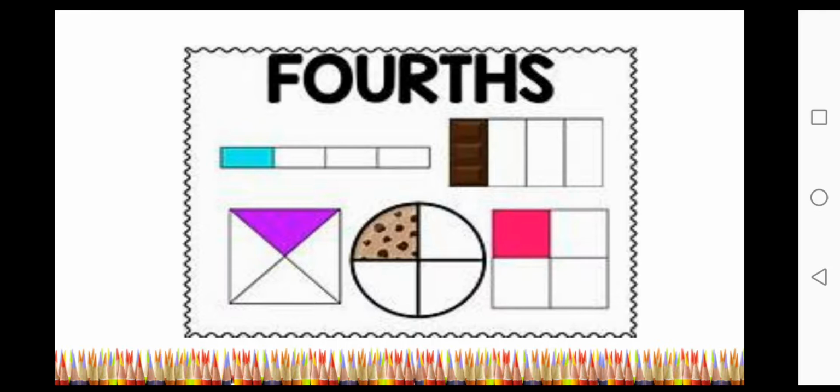Now can you see the colored part or the colored piece? We call the colored piece a fourth, because it's only 1/4. One of the 4 parts is colored.